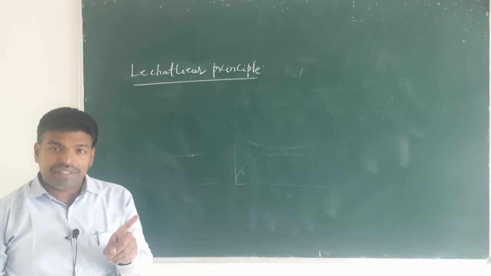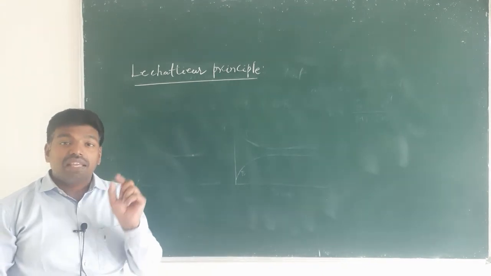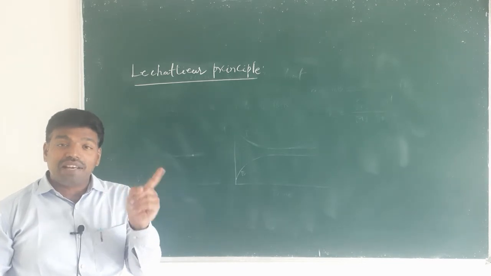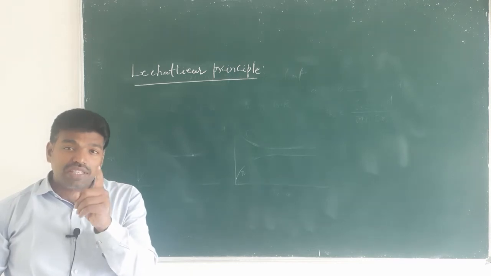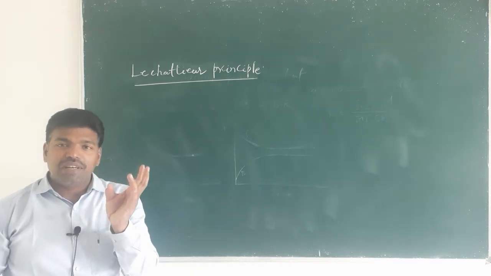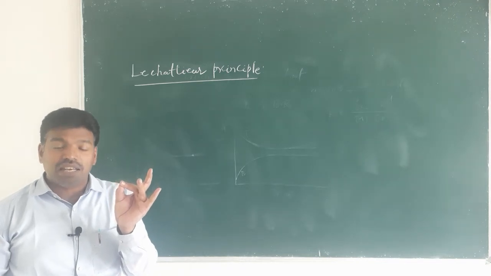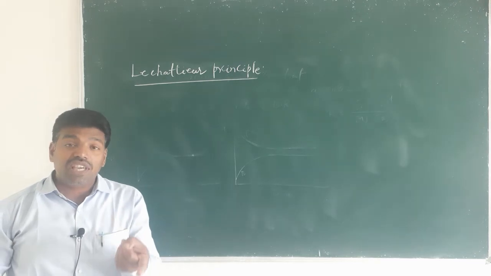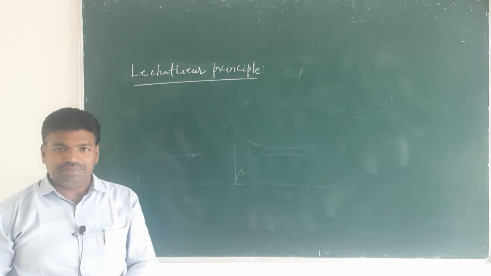I repeat, Le Chatelier's principle statement is: if a chemical reaction at equilibrium is subjected to change in temperature, pressure or concentration of species, then the equilibrium shifts in the direction in which the change is nullified or reduced.